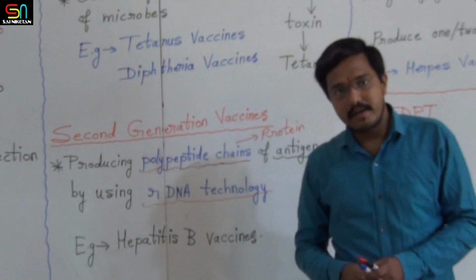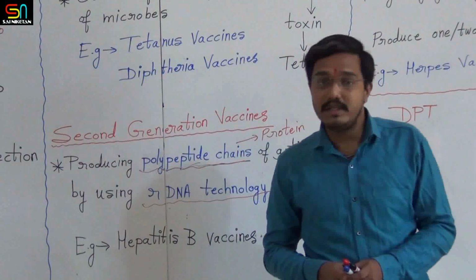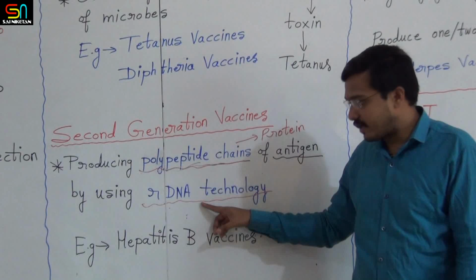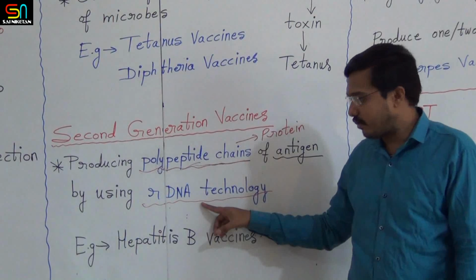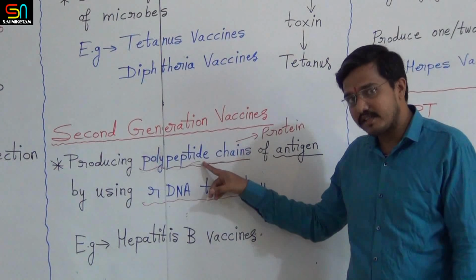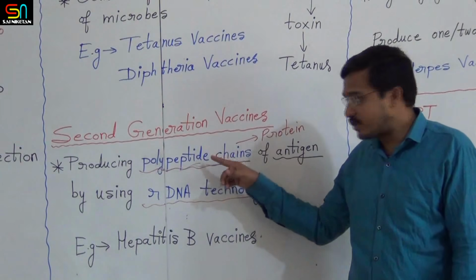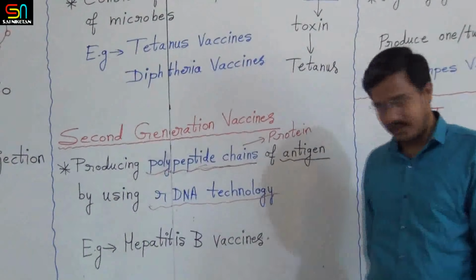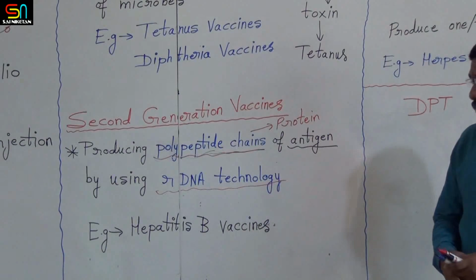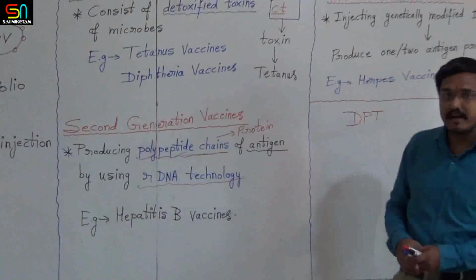You are going to study complete information about rDNA technology in the biotechnology chapter. By using this technology, polypeptide chains of antigens and proteins are produced. That's why these are the second generation vaccines. So second generation vaccines means producing polypeptide chains of antigen by using rDNA technology.